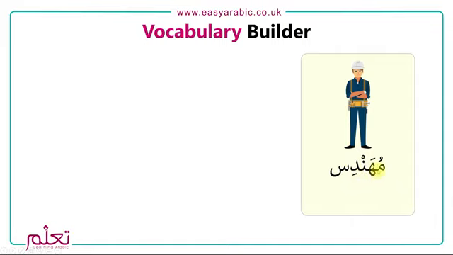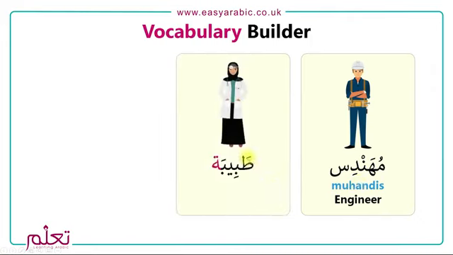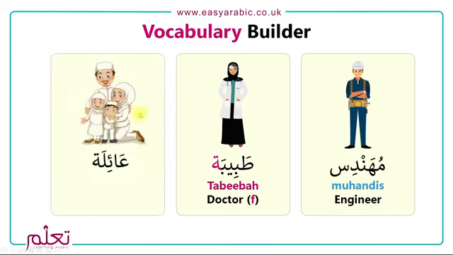So here the first word is muhandis, which is an engineer. Muhandis. Next one is tabiba, which is a doctor. Next one we have is family, which is a'ila. So muhandis, tabiba, a'ila.